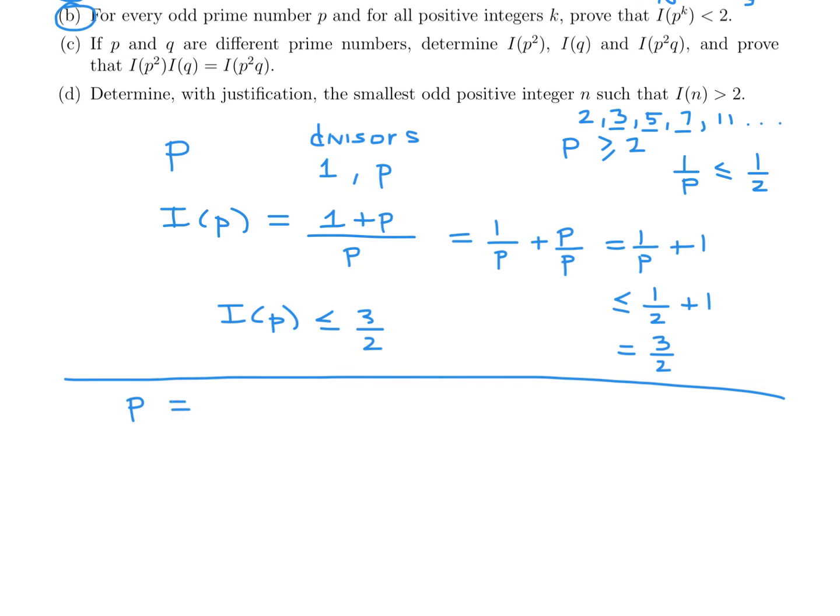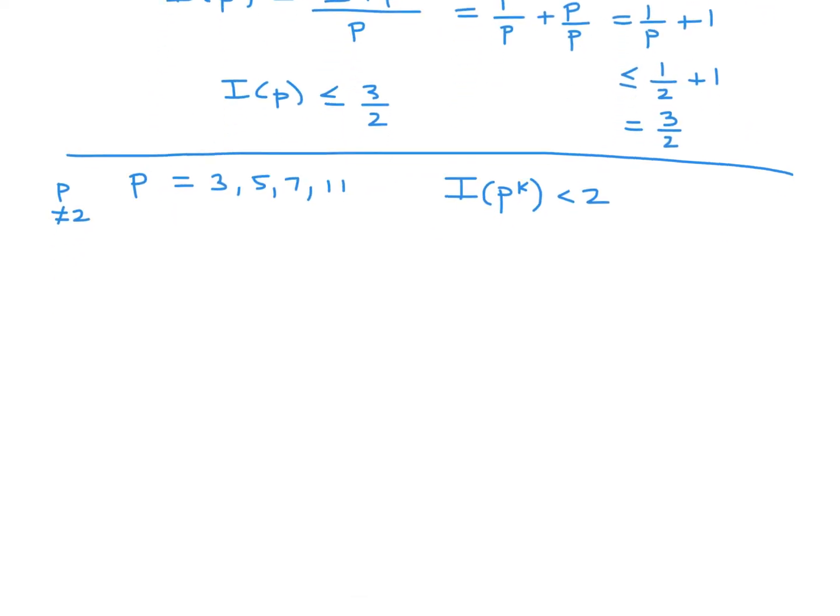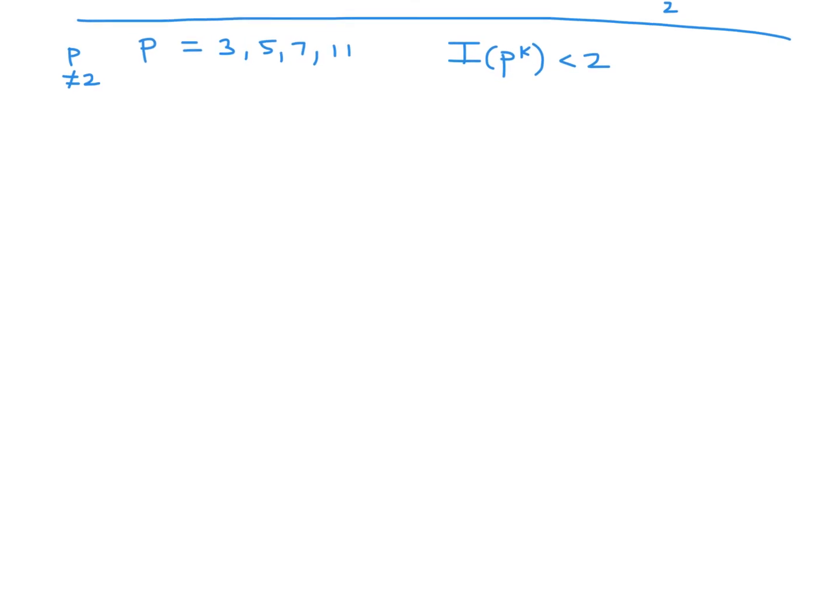Every prime number is odd except 2, so the only criterion is that P cannot equal 2, because 2 is the only even prime number. And they want you to prove that I of P to the K is less than 2.